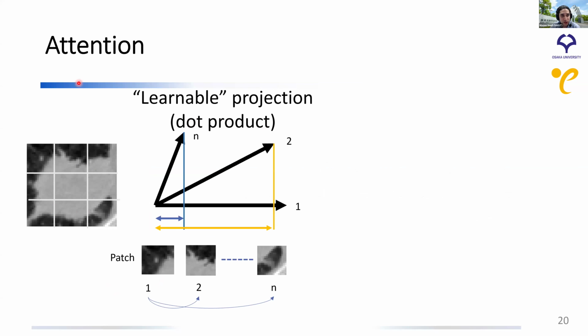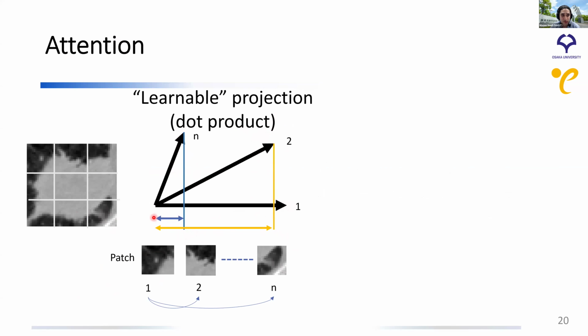So attention is actually another word for projection, because it basically computes the dot product between vectors. Assuming you have two vectors, if they are very similar to each other, you will have a very large dot product output.